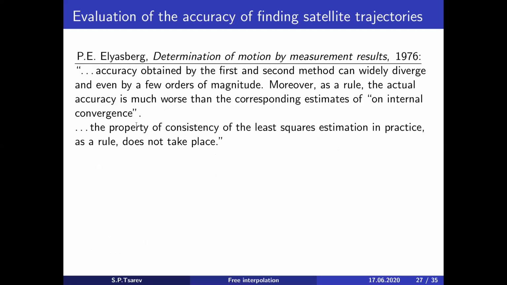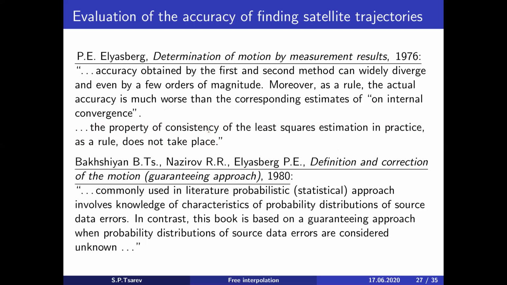And by the way, what's really very interesting for any mathematician are the words of Eliasberg, a practical man of the very famous epoch in space research: the property of consistence of least squares in practice, as a rule, does not take place.